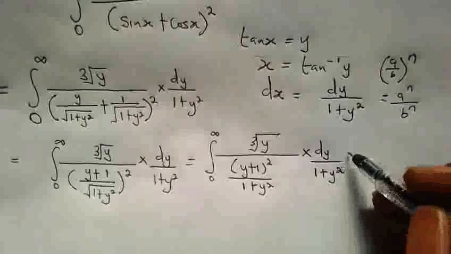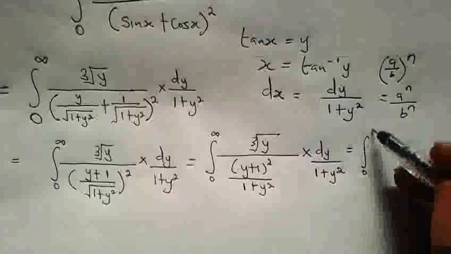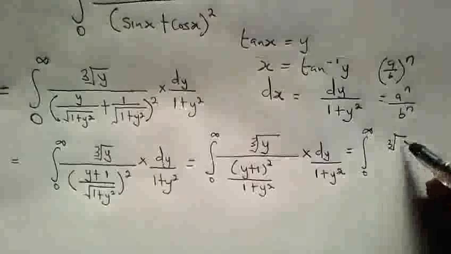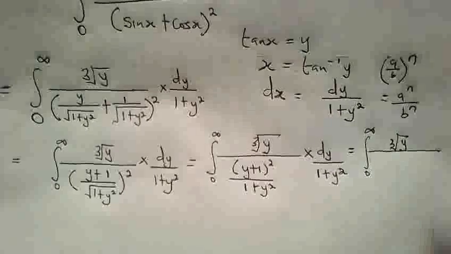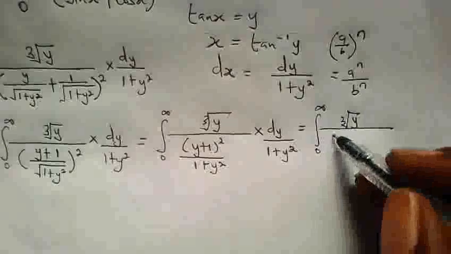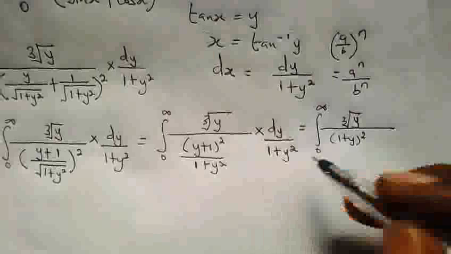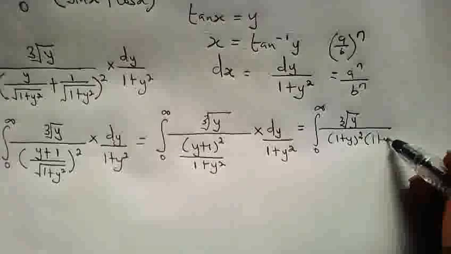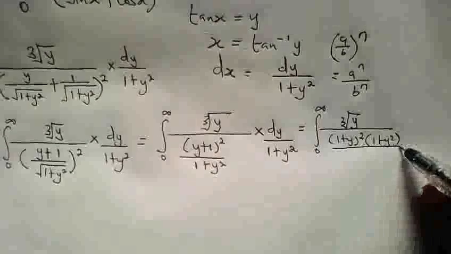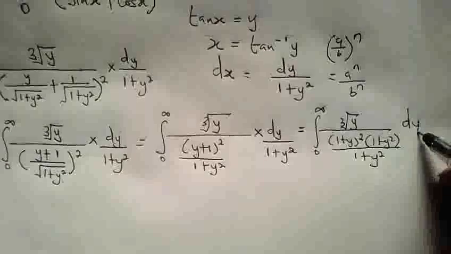Okay, simplifying this, we have the integral from 0 to infinity of the cube root of y all over 1 plus y squared, and taking this inside, we have 1 plus y squared everything all over 1 plus y squared, and here we have dy.